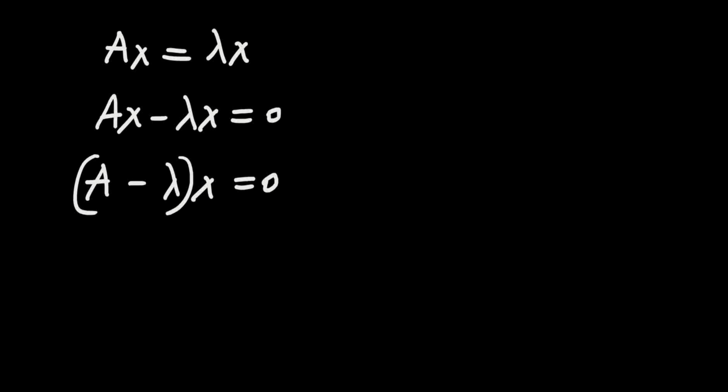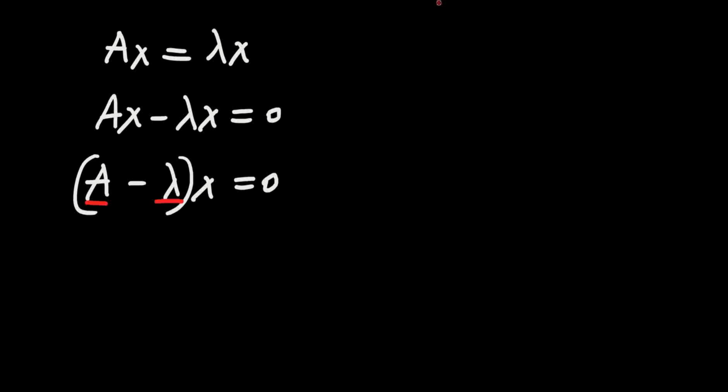So now note that A is a square matrix and lambda is a scalar quantity, which could be just a number, and it's not possible to subtract a number or a scalar from a matrix.